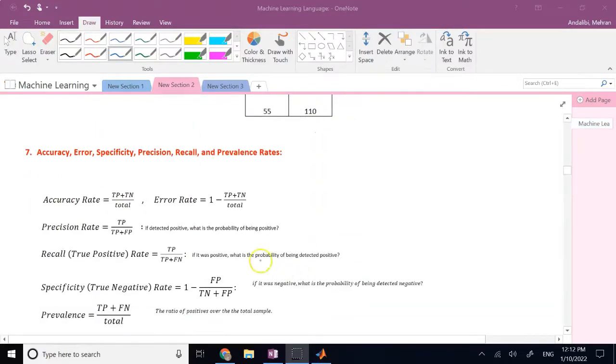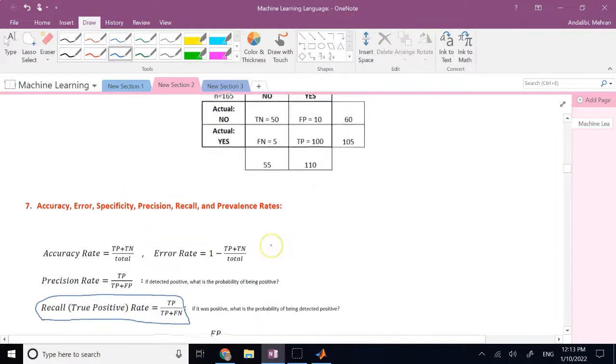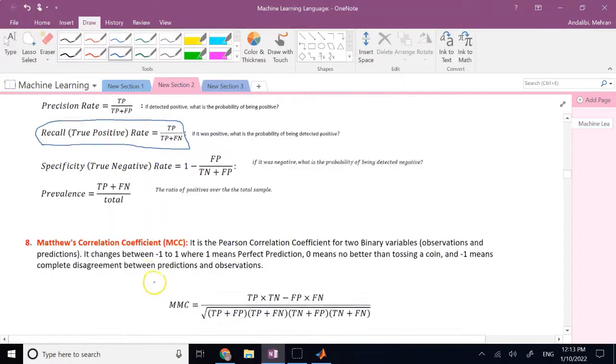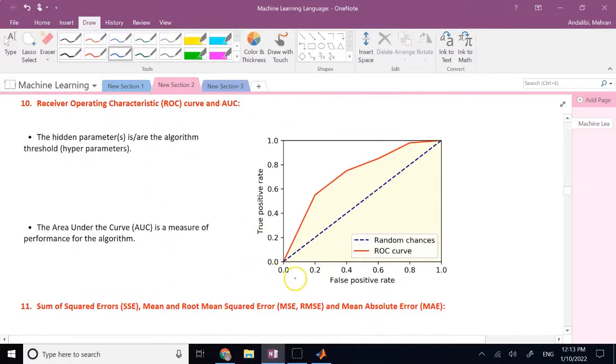And then you look at the recall rate, or true positive rate, which is true positive over true positive plus false negative. So you use some yellow threshold, and based on the performance of your algorithm, you get a true positive rate. Then you say, I got a true positive value of, let's say, 0.8.